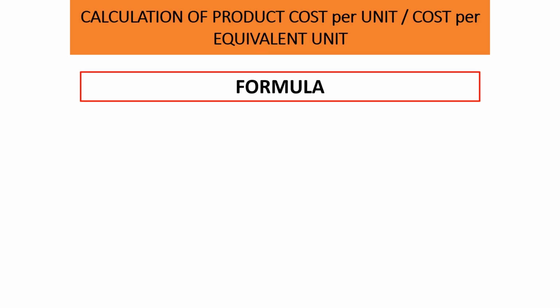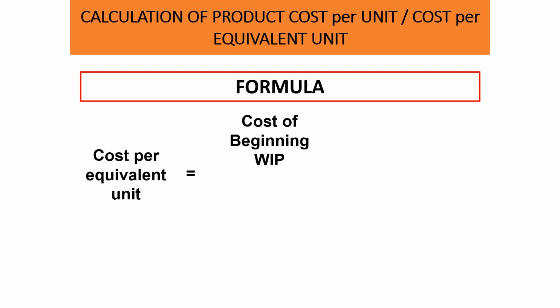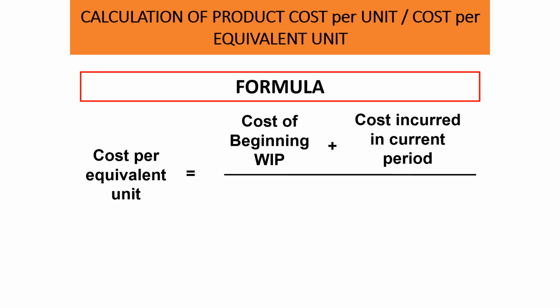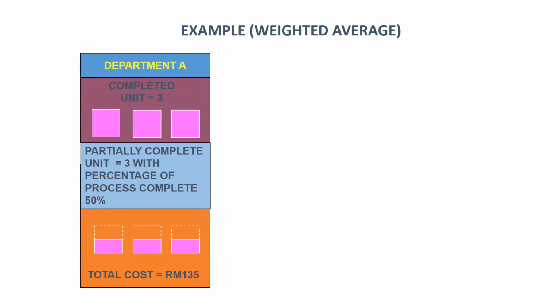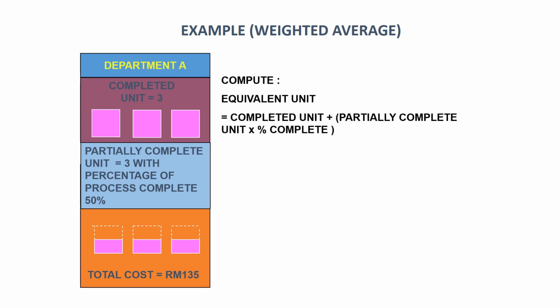Calculation of product cost per unit, or cost per equivalent unit. Cost per equivalent unit equals cost of beginning inventory plus cost incurred in the current period, divided by the equivalent units. Example, weighted average. First step is to compute the equivalent units. EU equals completed units plus partially complete units times percent complete.